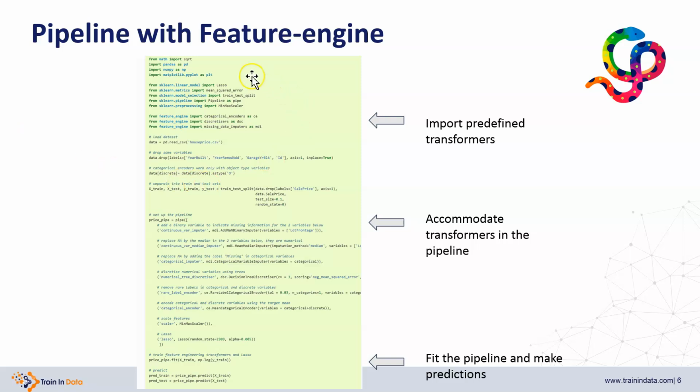We only need to import the necessary transformers, load the data, then accommodate all the transformers within a Scikit-Learn pipeline, followed by a scaler if we need, and the model that we want to train. And then with pipeline.fit, we fit all the transformation steps to the data, and with pipeline.predict, we obtain the predictions for any dataset that we want.